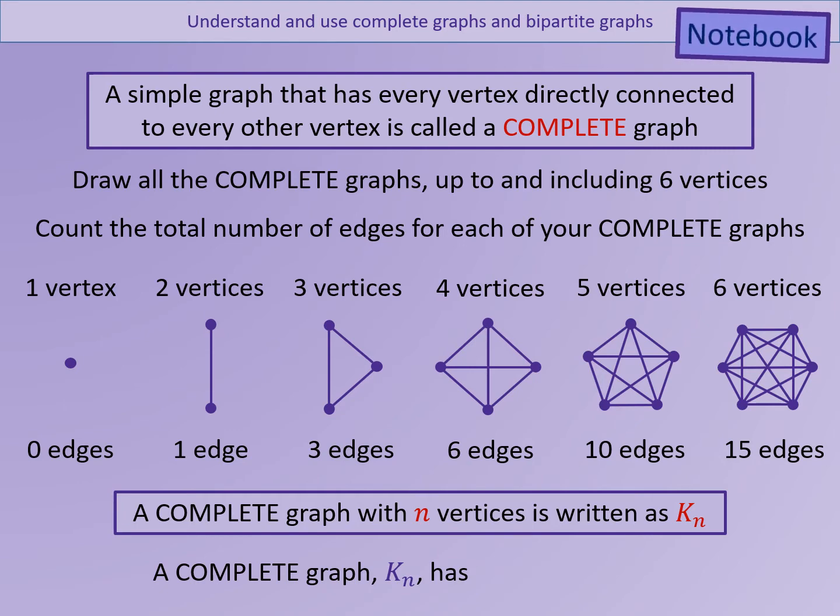So there will be n times n-1 connections. However, this will then count each edge twice because it will count it from each end. So we'll then need to divide the number by 2. Therefore, the complete graph with n vertices requires a half n times n-1 edges in order to complete it. So we can just confirm that. If we confirm it with the case for 6, a half of 6 times 5, that gives us 15.